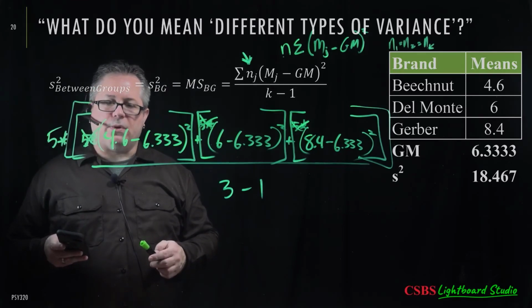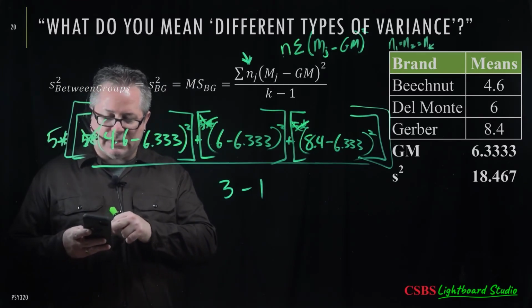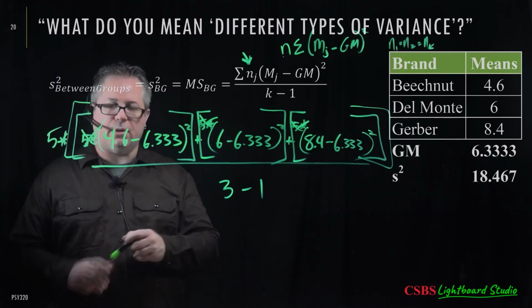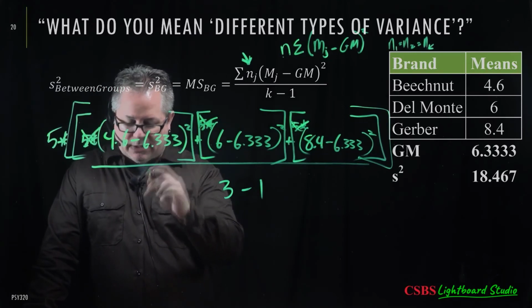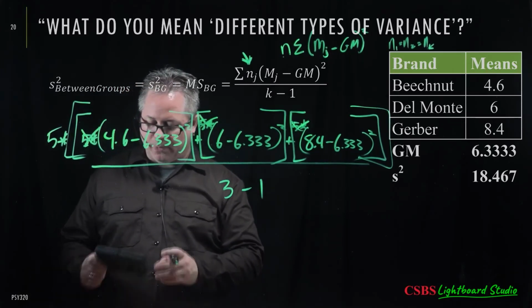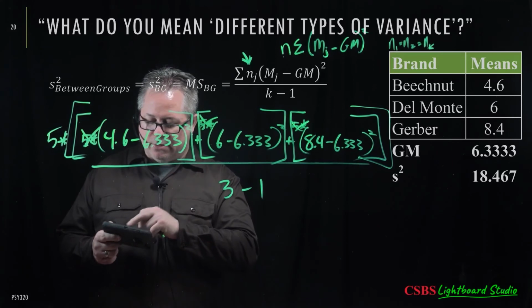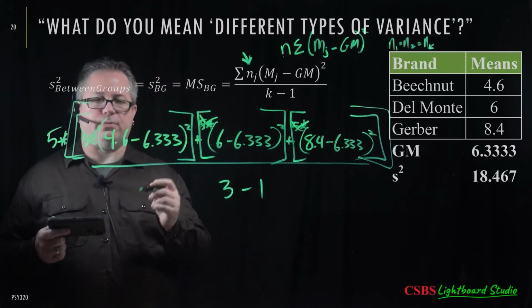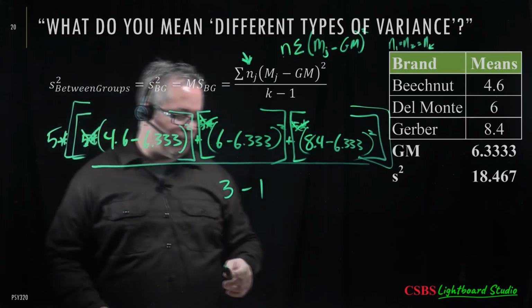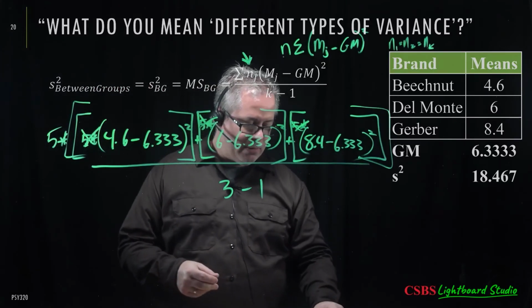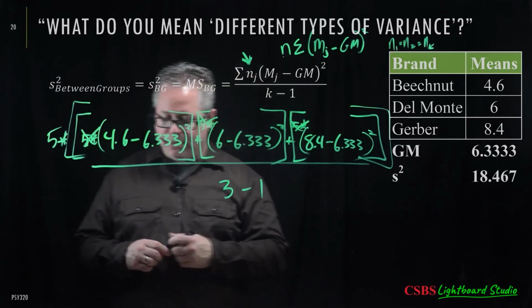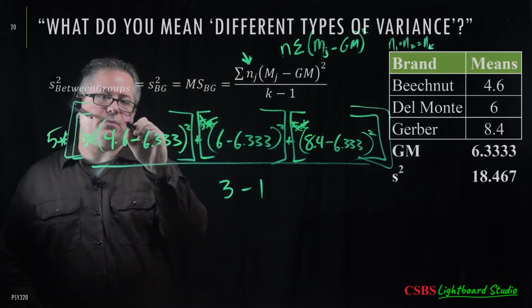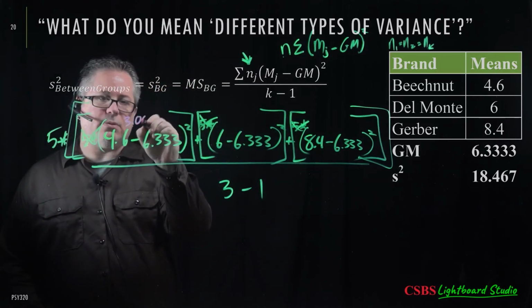Okay, so 4.6 minus 6.333 equals... all right, so inside here, I gotta square it. Squared, this is 3.003.